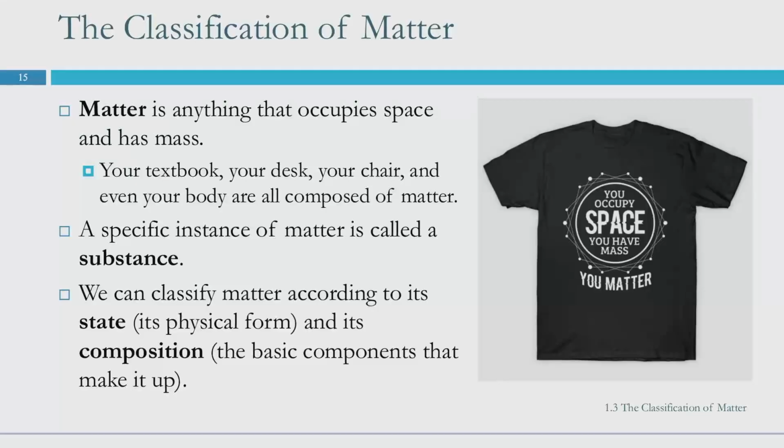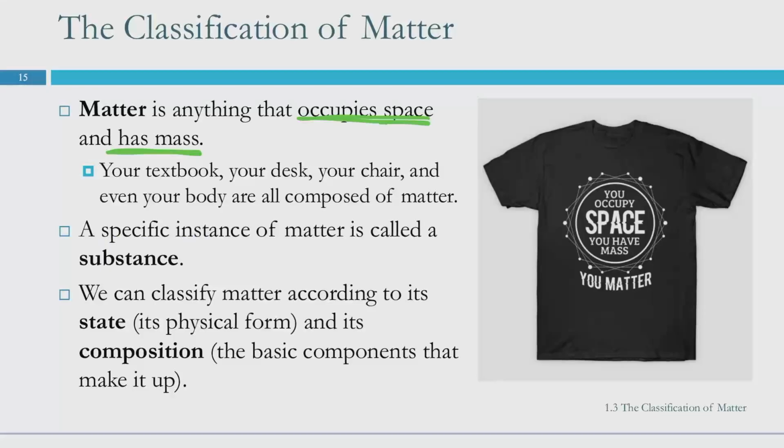Matter. What is matter? Matter is anything that occupies space and has mass. Most of the stuff in this room is matter. Your textbook, if you have textbooks, your desk, your chair, your body, the air, all matter. They occupy space and they have mass.